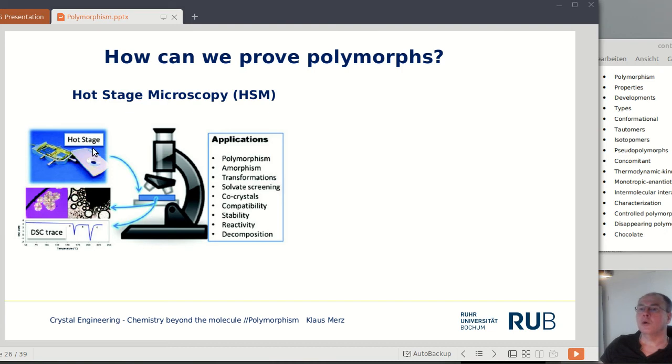What you are doing is you place your crystals on this hot stage, and you can play with the temperature, increase the temperature, and afterwards decrease the temperature, and you can very nicely observe through the microscope the crystallization and melting behavior of your system.